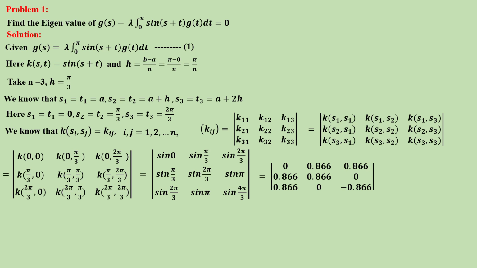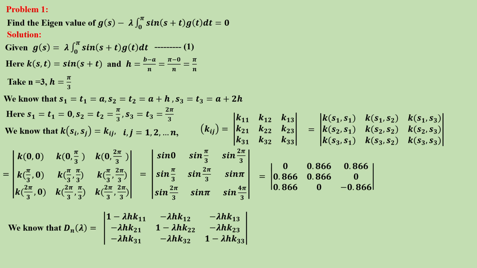Substituting the values of sin pi by 3 and sin 2 pi by 3 from the table or calculator, the determinant has rows 0, 0.866, 0.866; 0.866, 0.866, 0; 0.866, 0, minus 0.866.